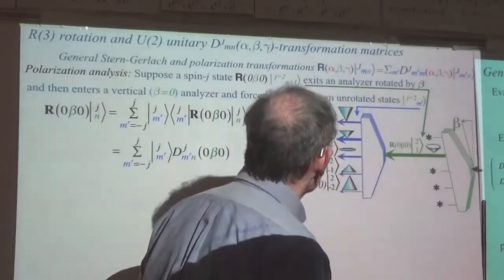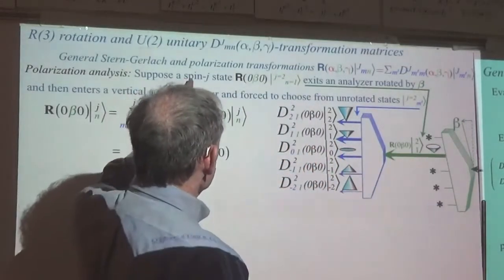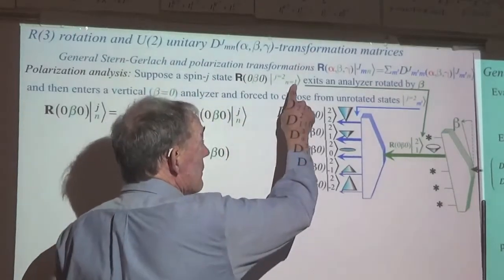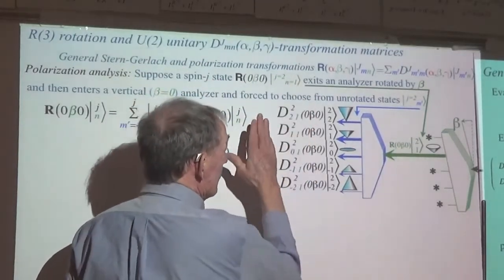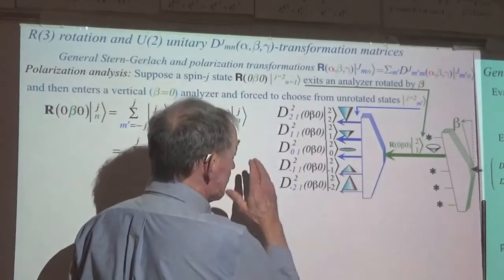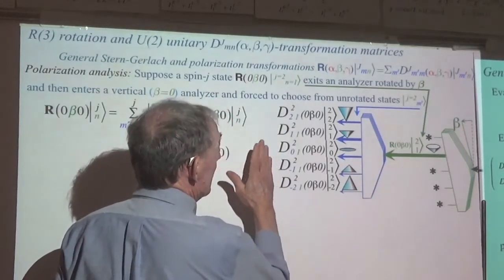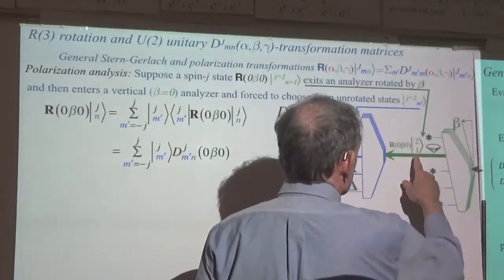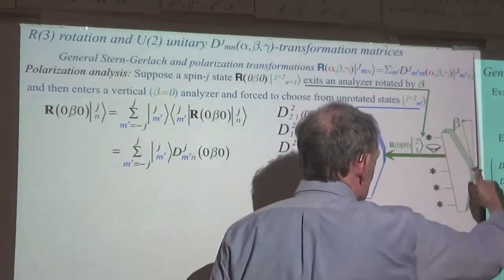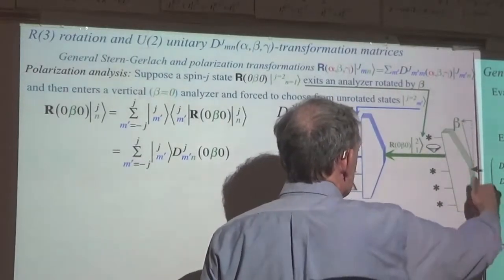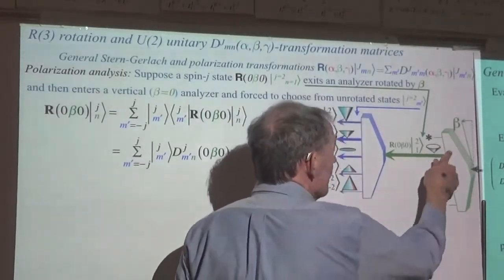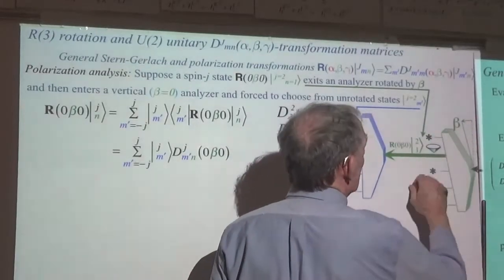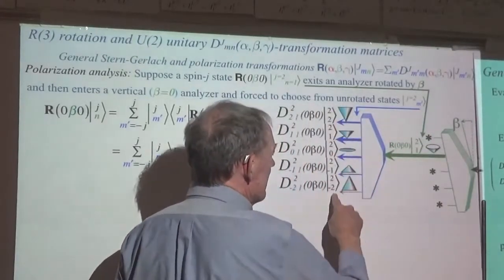And so the question here is, suppose a spin J state, and I mean one that's got an M component of 1, with respect to this particular analyzer right here. Okay, so this state right here is the rotation by beta of one of these states.